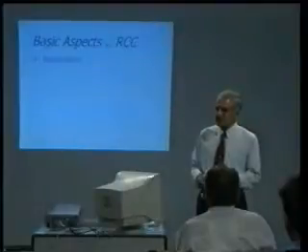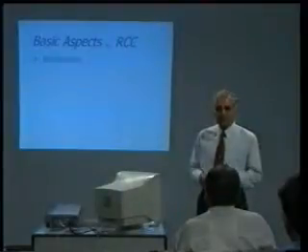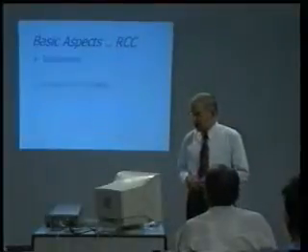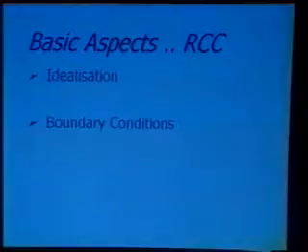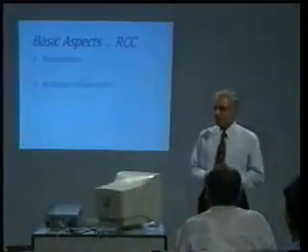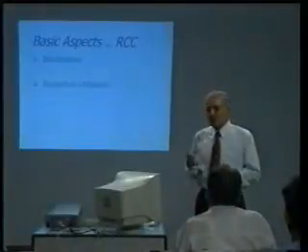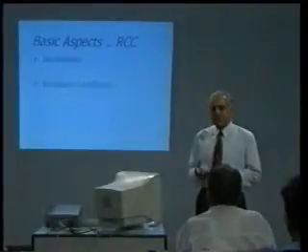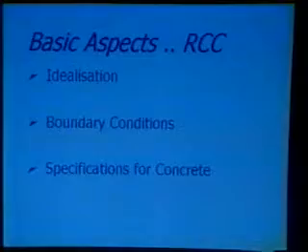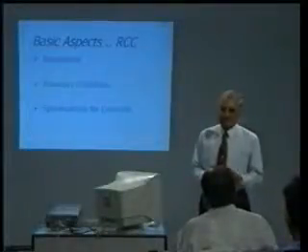Is it going to be a space frame, a shell structure, etc. After having decided that, we decide the boundary conditions based on the actual situation on the ground, whether the hinges are going to be provided, whether it is going to be a fixed support, whether at the support or at the junctions. Then you have to have the specifications for concrete as decided by the environmental conditions, the load considerations, the stress levels.